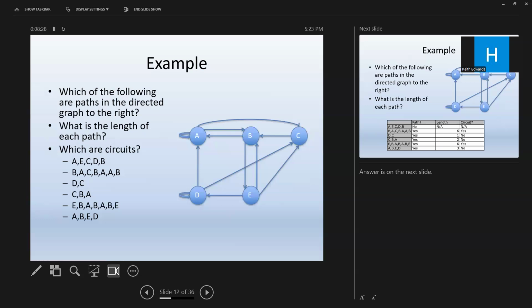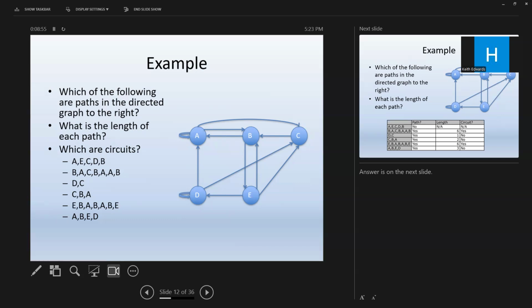From A to C, yes. From C to B, yep. From B to A, yes. From A to A, there's a loop from A back to itself. And then we can go to B. And look, we ended up where we started. So that one is in fact a cycle, and the length of that cycle is 6.